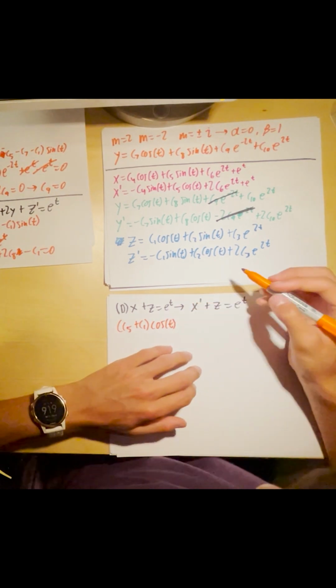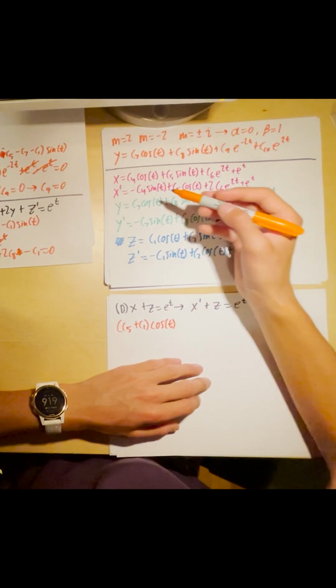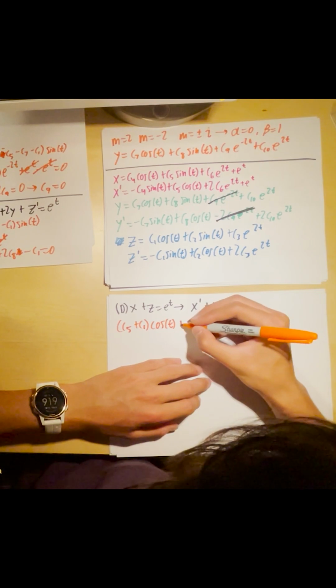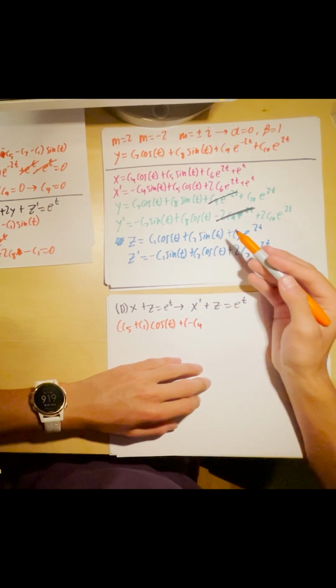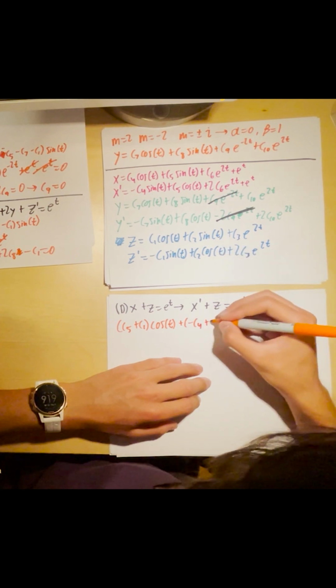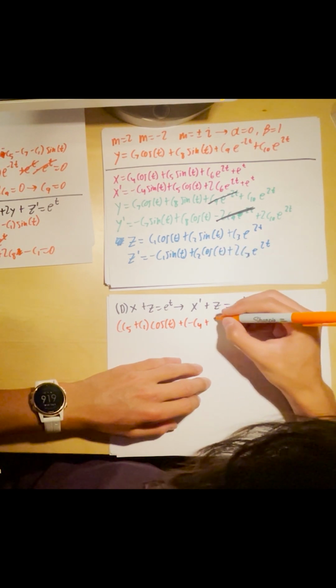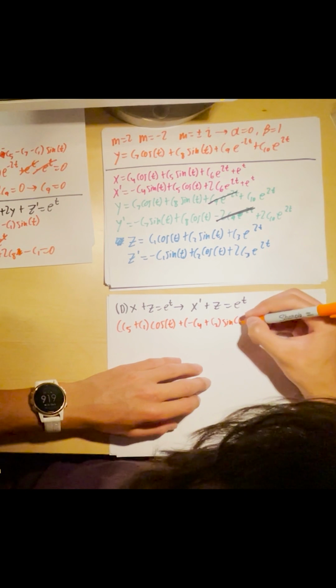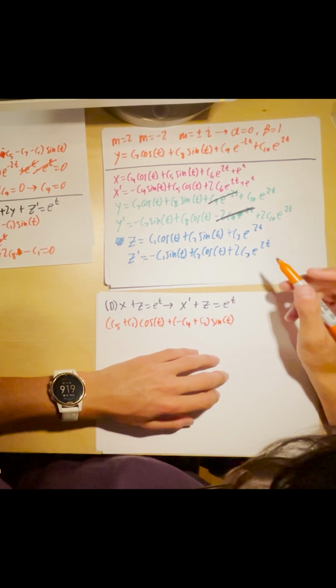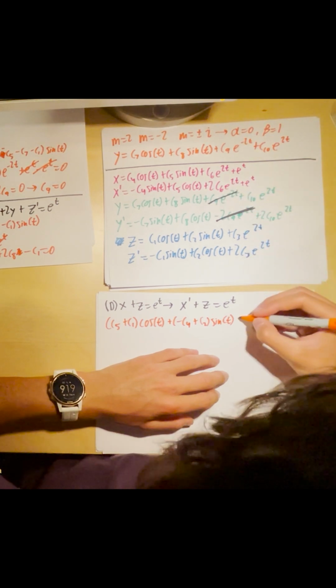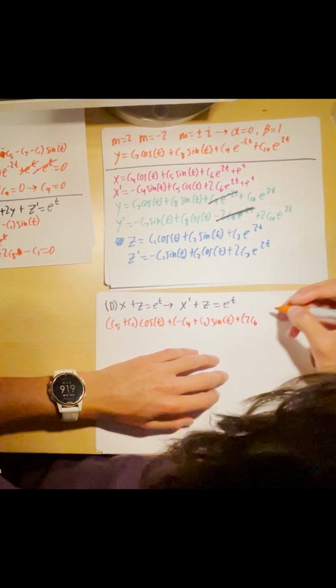For sine, we have negative c4, and in front of the z we have c2. Finally, for e to the 2t in that x prime, it's 2c6.